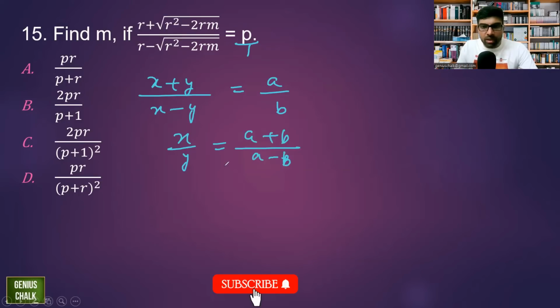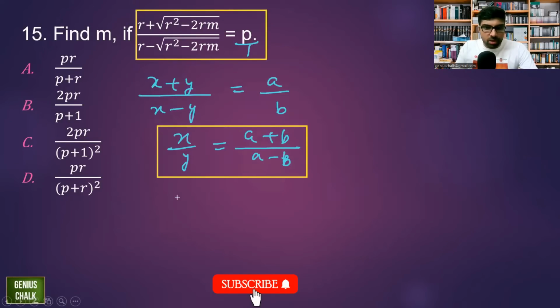The only important condition is that these numbers must be the same. Observing this, this is same as this. So this is x, this is y, plus sign, minus sign, a by b form. That means I can write it directly in this form, right?